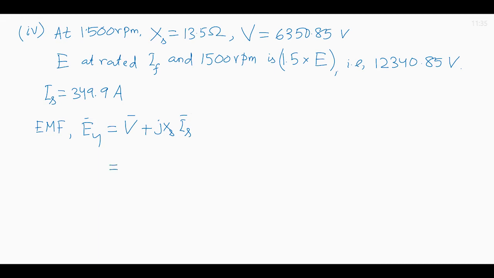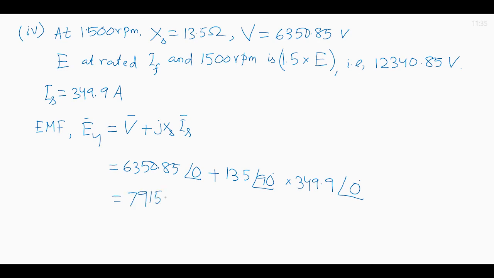V is rated voltage, so 6350.85, it is always the reference phasor, and reactance is 13.5, and current is rated current 349.9 at unity power factor. So, phase angle of the current is 0, same phase as the voltage.